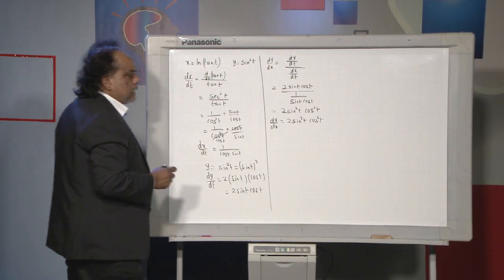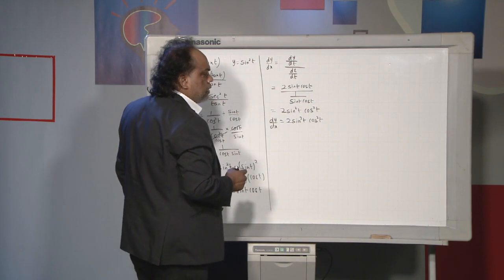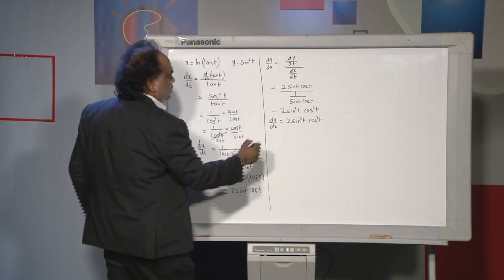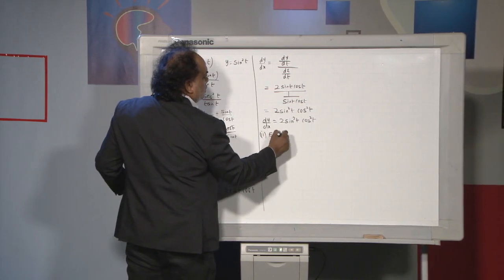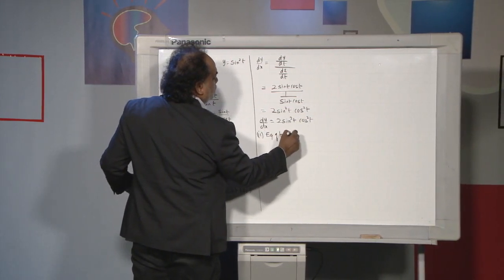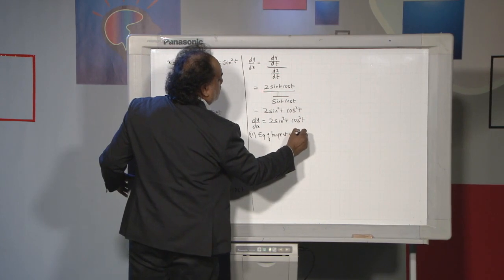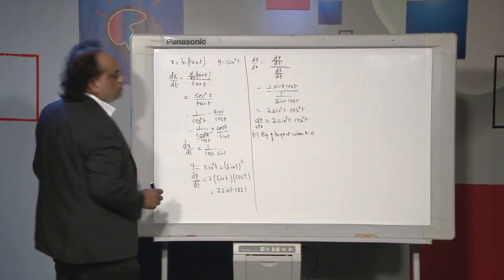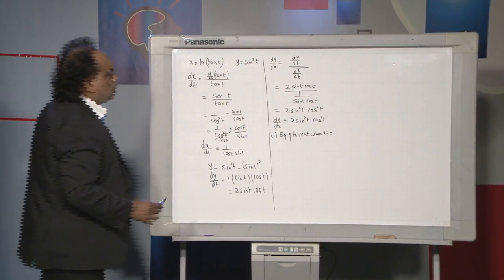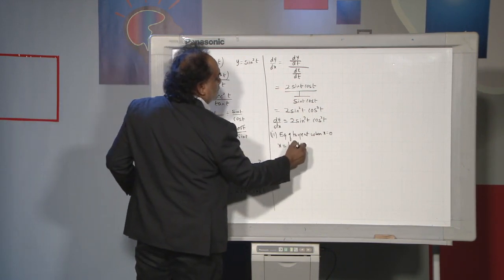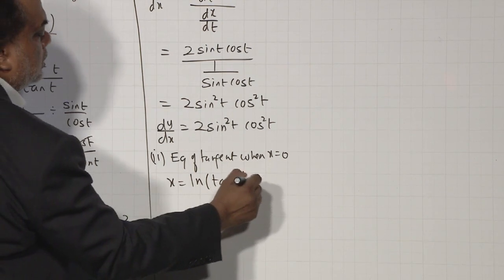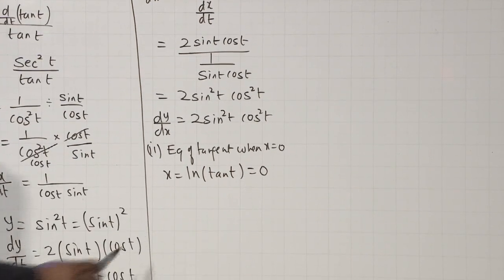Now, the second part, we were told to find equation of tangent when x equal to 0. Now, x equal to ln tan t is equal to 0.